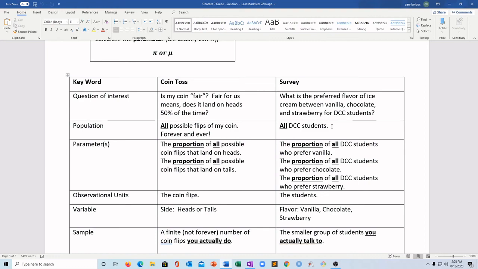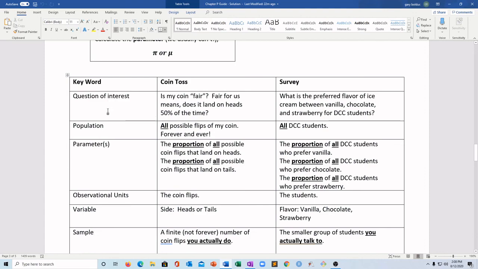There's thousands of DCC students. It might be hard or time-consuming or costly to ask them all. So I've only got to ask some of them. That idea that I've only got to probe pieces of these two populations, not the whole, is this sample down here.